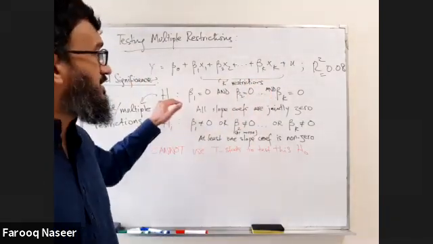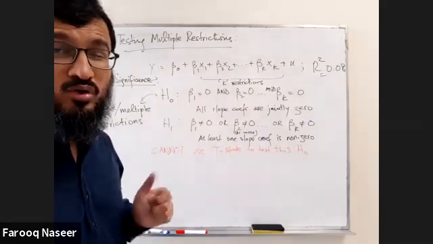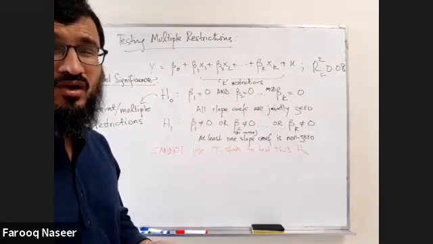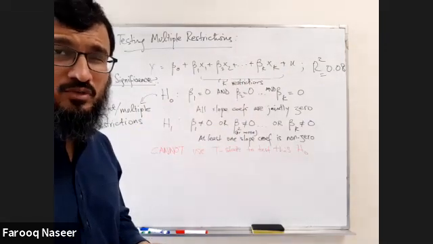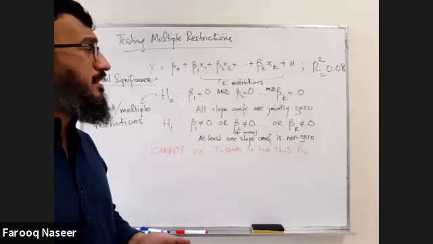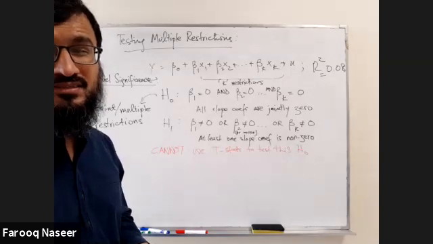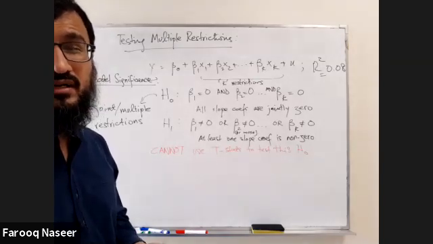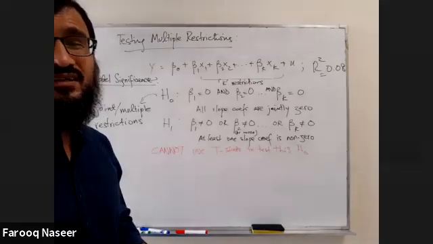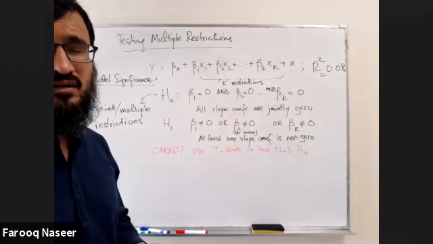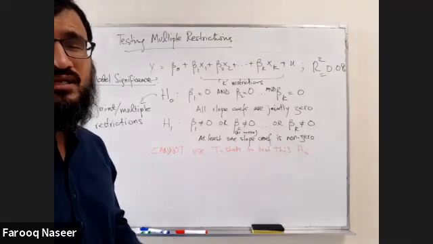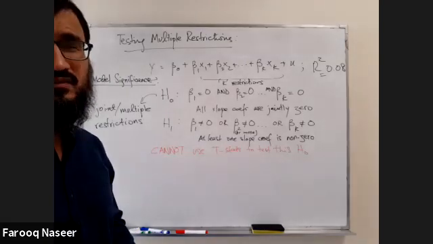So if you are testing a null hypothesis which imposes more than one restriction on your beta coefficients, on your model parameters, you cannot use a t statistic, even though it might look like a simple exercise to go ahead and use t. It will give you incorrect answers. A t stat is only for testing single restrictions on your model.